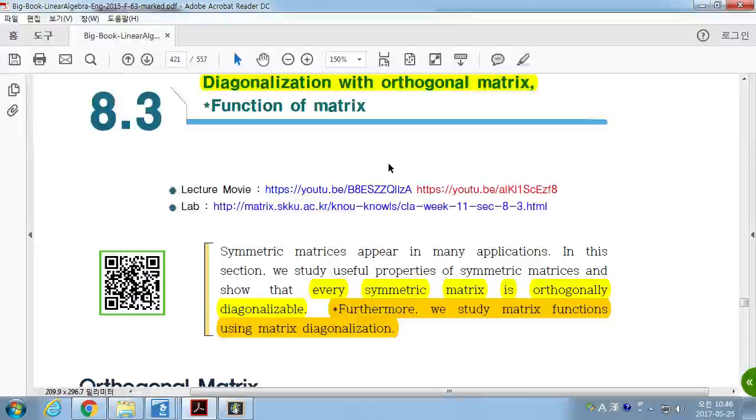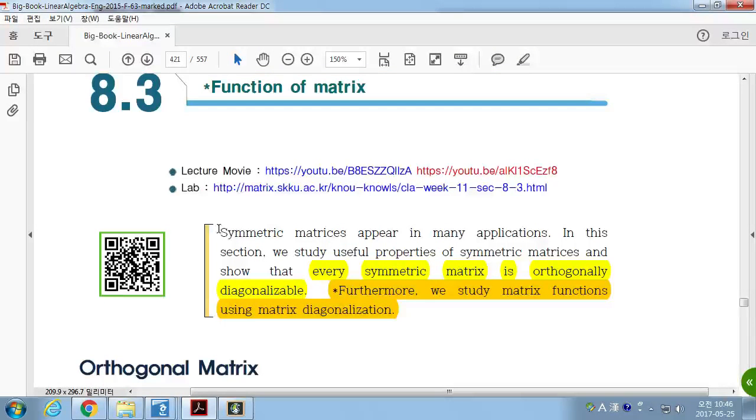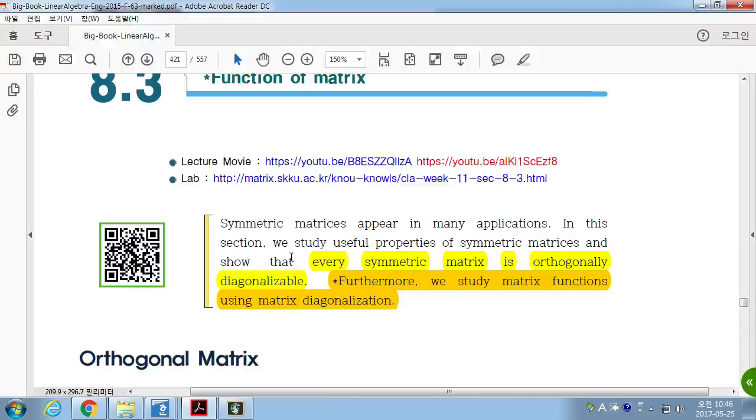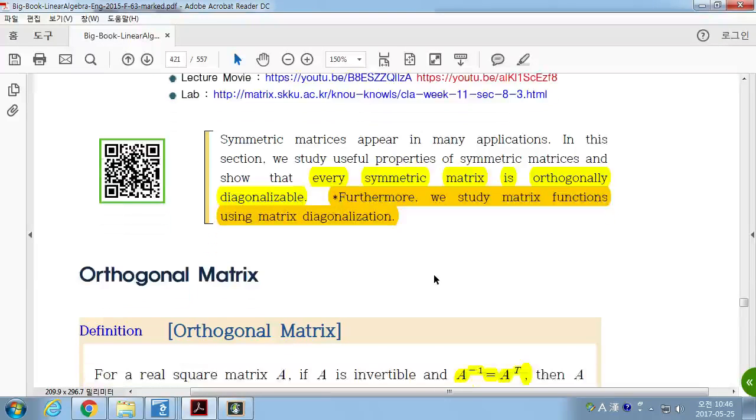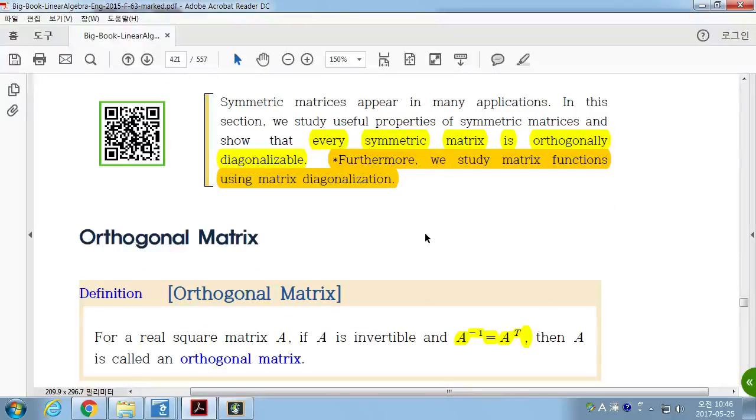In section 8.3, we deal mainly with symmetric matrices, because the symmetric matrix has many interesting properties. In this section, we learn every symmetric matrix is orthogonally diagonalizable. And then we will be able to use those properties to define a matrix function by using the matrix diagonalization.